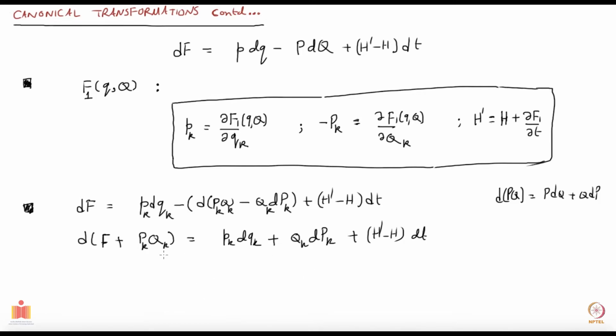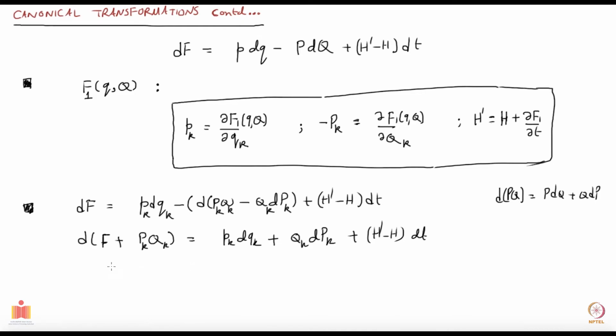Now you see I have turned this total differential, and on the right hand side the differentials involved are the qk and the capital Pk. So I define a new function f2 to be this quantity in the brackets.